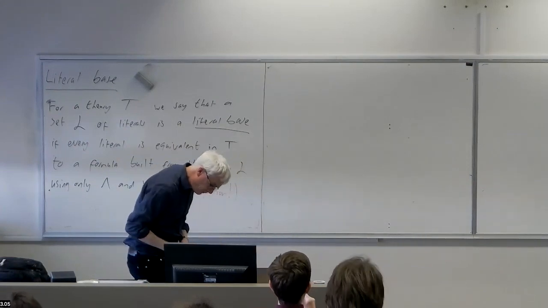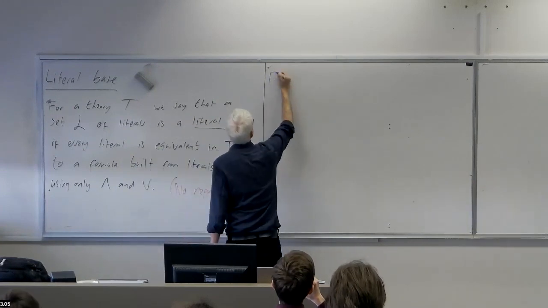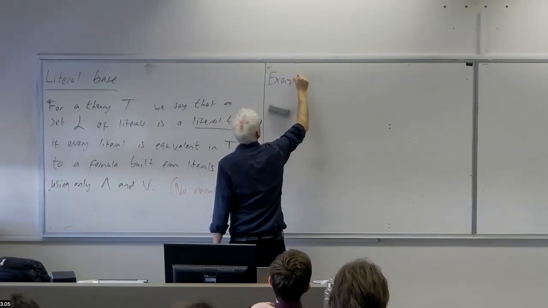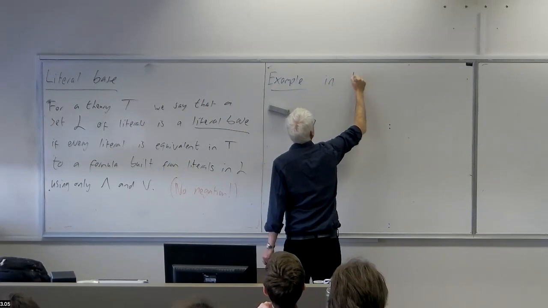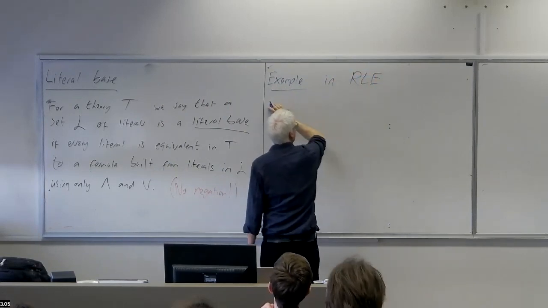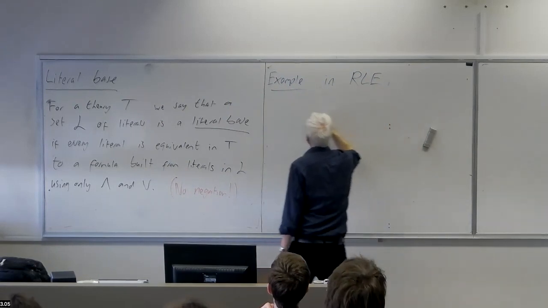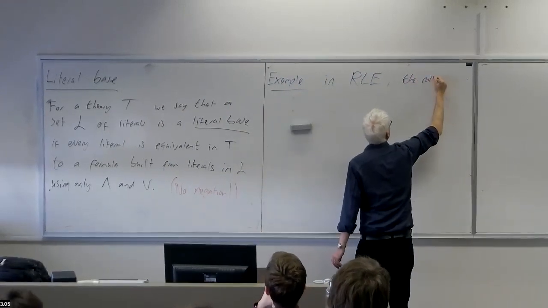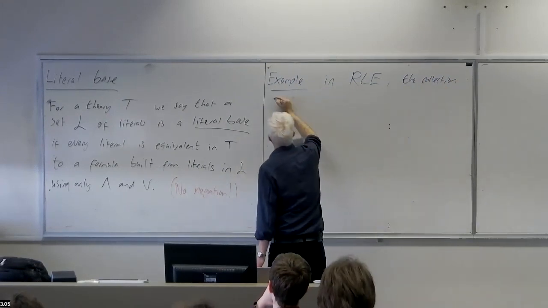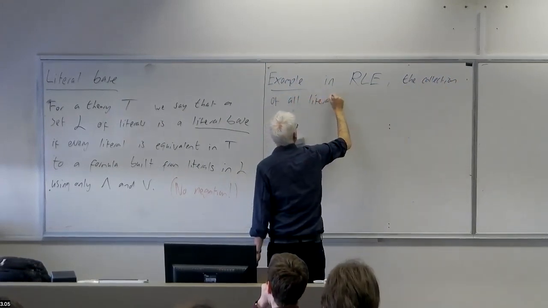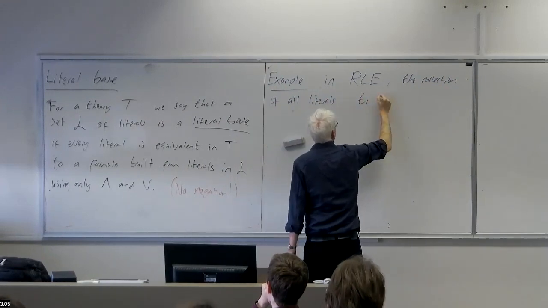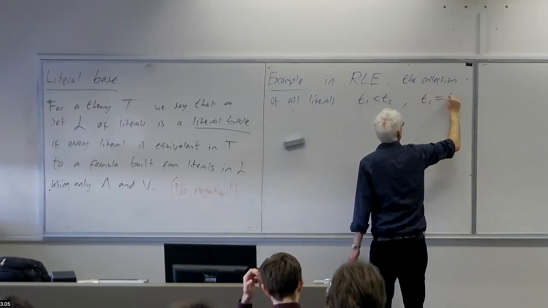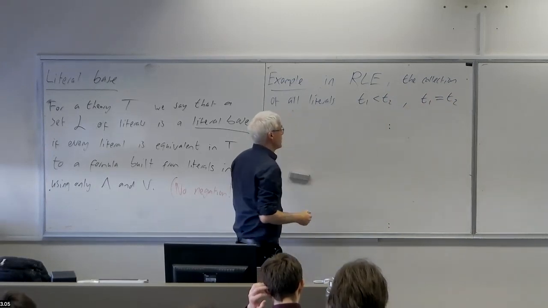So for example, in the theory we're dealing with, our theory of rational linear expressions, the collection of all literals of the form T1 is less than T2 or T1 equals T2 is a literal base.